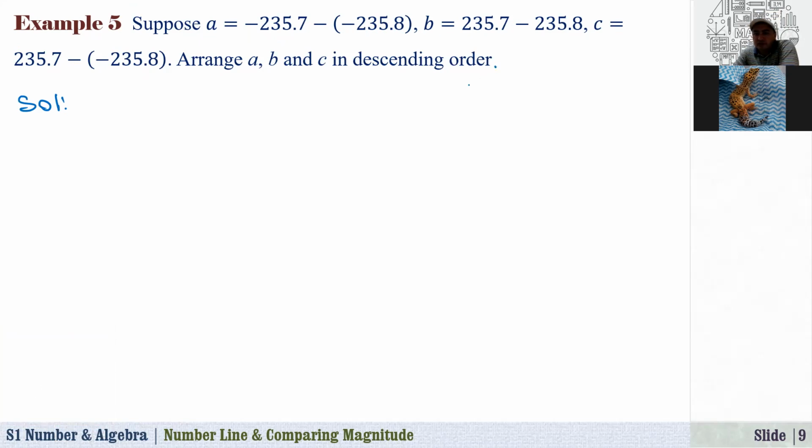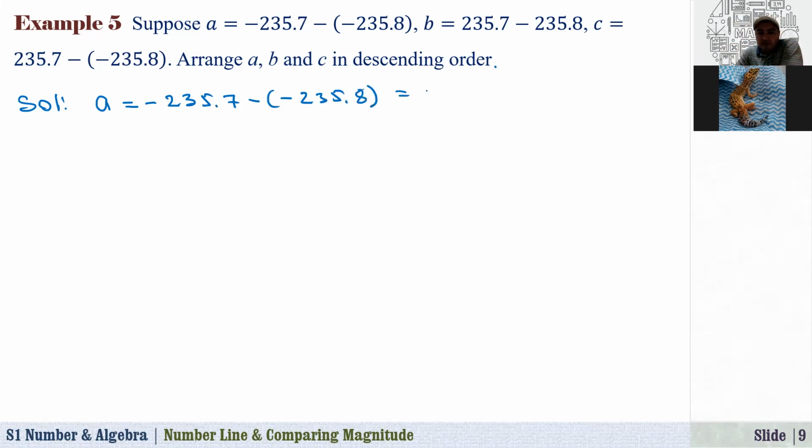Descending order means from the greatest to the lowest, or the smallest, right? Of course, to compare these kinds of numbers, first we have to simplify, and after that, we can locate them on the number line and compare them. So if you simplify the first one, A is equal to minus 235.7 minus 235.8, right?